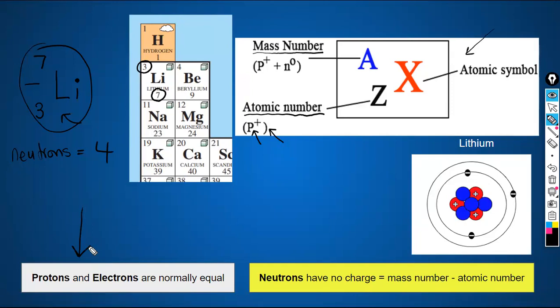Protons and electrons are supposed, keyword, supposed to be equal. Your protons are your positive charge, your electrons are your negative charge. And it's supposed to be what? Equal. So lithium has 3 protons, so 3 positive charge. So by default, it will also have 3 negative charge.